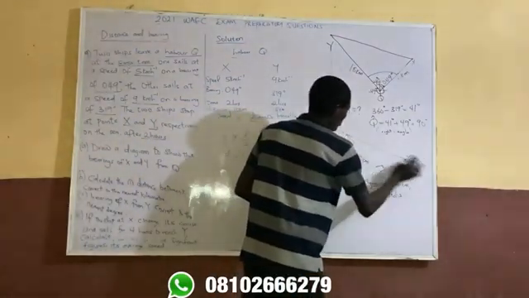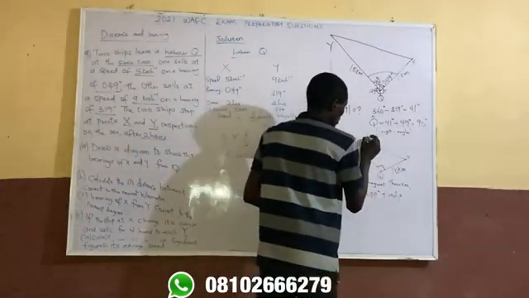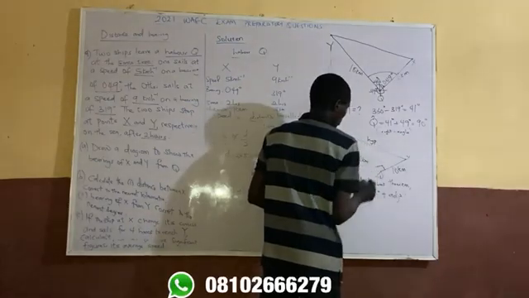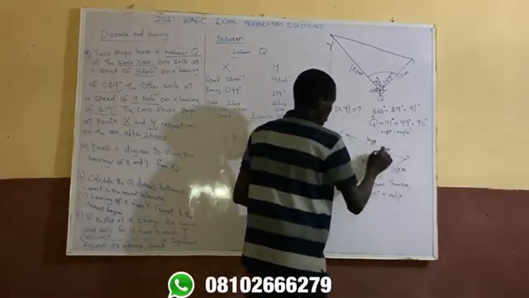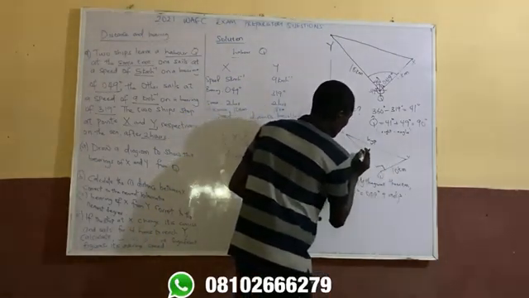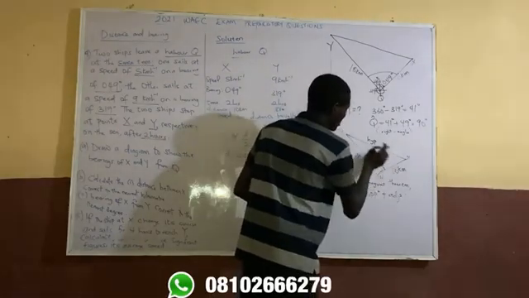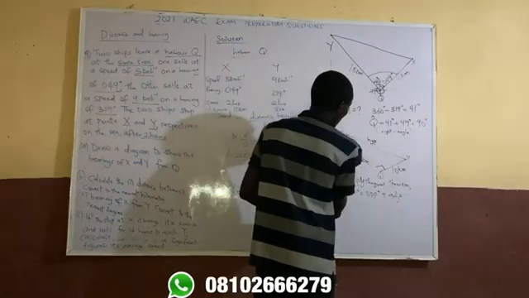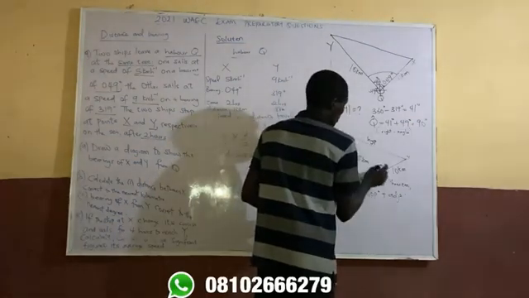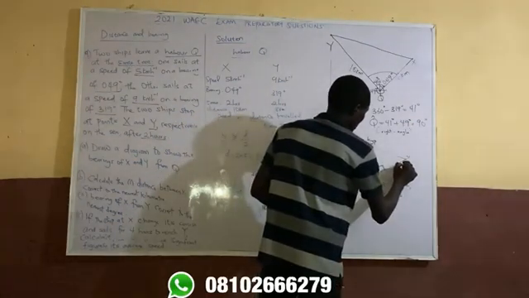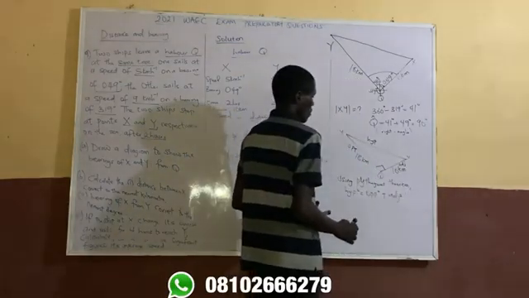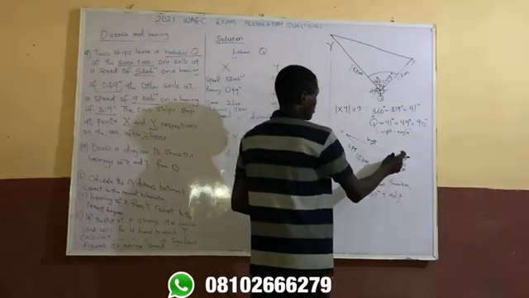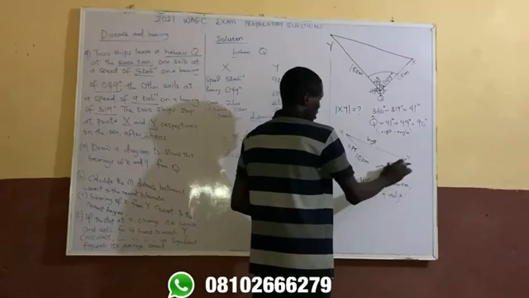The longest side of any right angle triangle is what we call the hypotenuse. The opposite and adjacent depend on the location of the angle. If I consider angle X here, this will be our opposite, and this will be our adjacent.